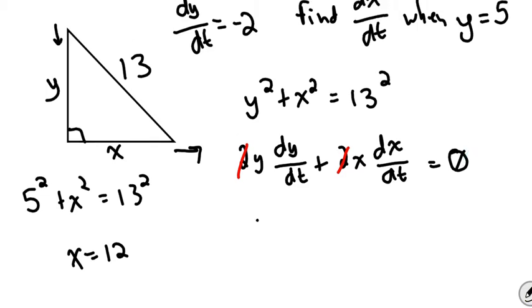All right, so y is 5, dy/dt is negative 2, plus x we now know is 12, and dx/dt is what we're trying to solve.